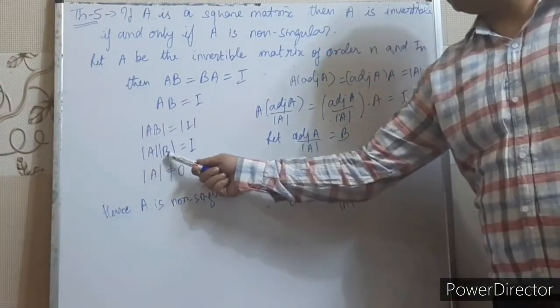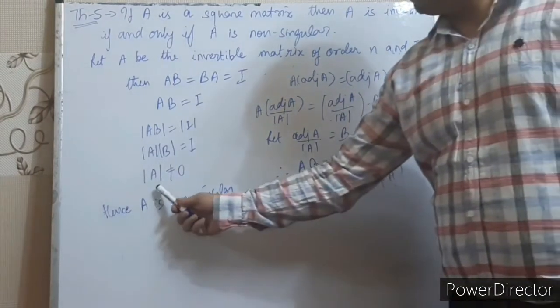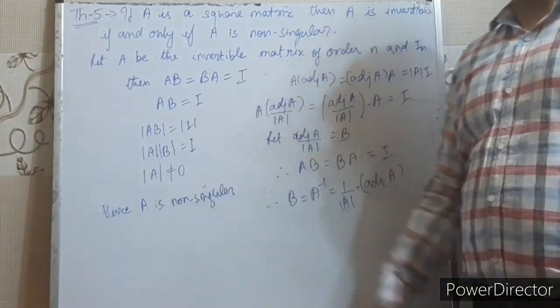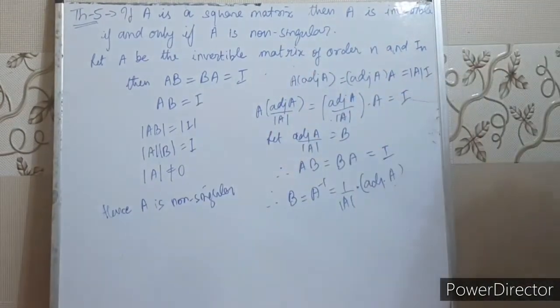This means the product of two determinants is 1. That means the value of determinant A is not equal to 0. Hence we can say that A is non-singular.